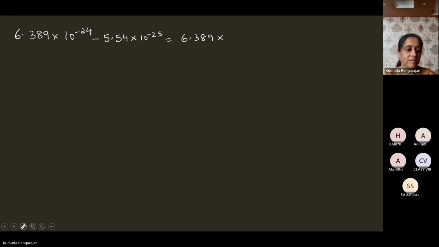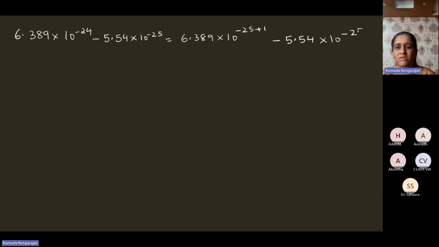So 10 to the power minus 25 plus 1. That's the only change we are doing in this step. Others we write as it is, 5.54 into 10 to the power minus 25. No other change. So we have written minus 24 using minus 25: minus 25 plus 1 is minus 24, equal to 6.389 into.